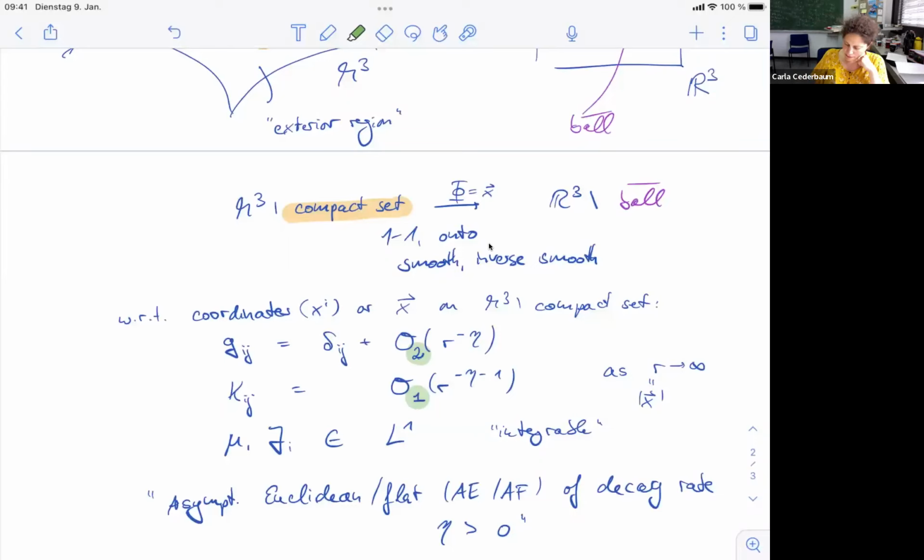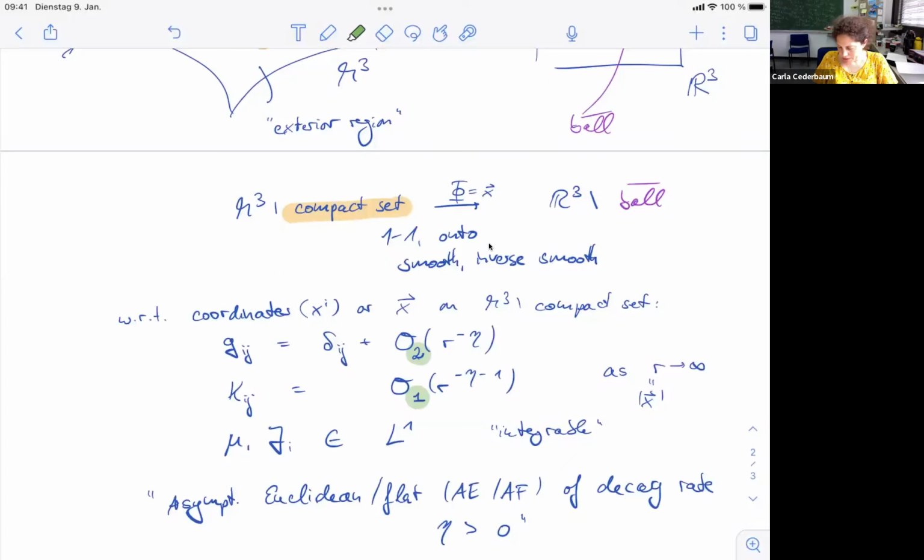So if my function decays like r to the minus eta, then its derivative is supposed to decay like r to the minus eta minus 1, and its second derivative at least as fast as r to the minus eta minus 2, and so on and so forth. So this is also a statement about decay of up to 2 derivatives in g_ij and up to 1 derivative in k_ij.